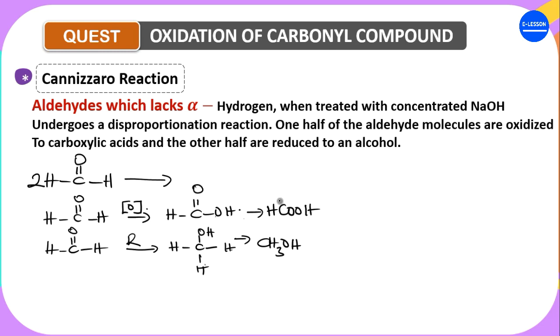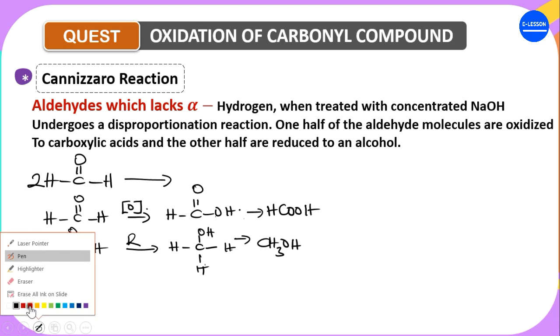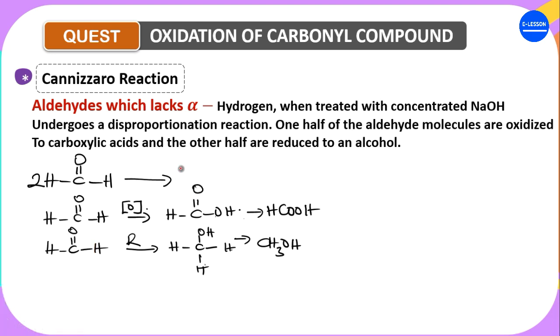So whenever this disproportionation reaction occurs to form an acid and then methanol, an alcohol, you call it a Cannizzaro reaction. So what would be the product of this reaction now? HCOOH plus CH3OH.